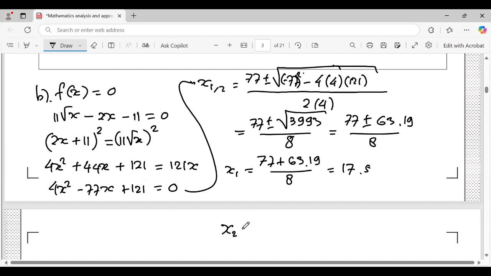And x2 is 77 minus 63.19 over 8, and the result is 1.73. So the roots of this function, if f(x) equals 0, are x equals 17.5 and 1.73.